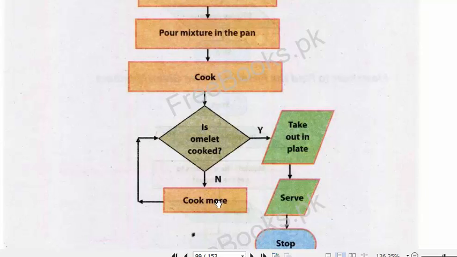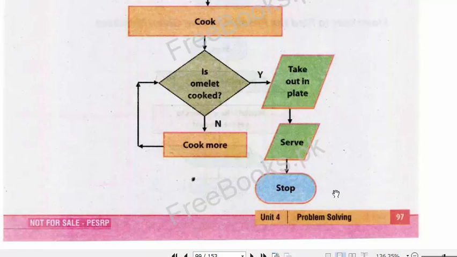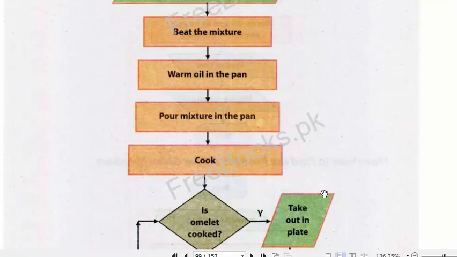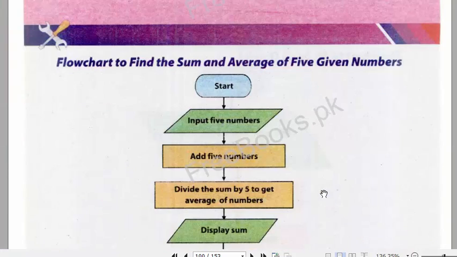No, cook more. Then again go back to the condition and check, is it cooked? If cooked, then go to serving. If not, then continue cooking. When it is cooked, take it into the plate and serve, and then stop. Here is the way you can make an omelette.